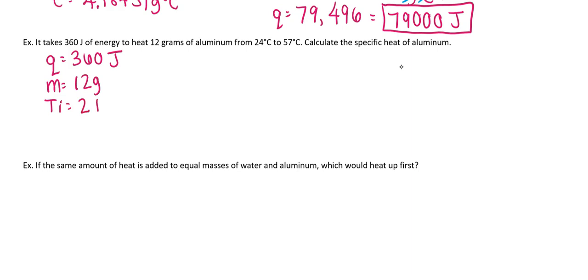The initial temperature, about room temperature, 24 degrees Celsius. My final temperature, 57 degrees Celsius. And we want to solve for the specific heat. So I am going to solve for C.